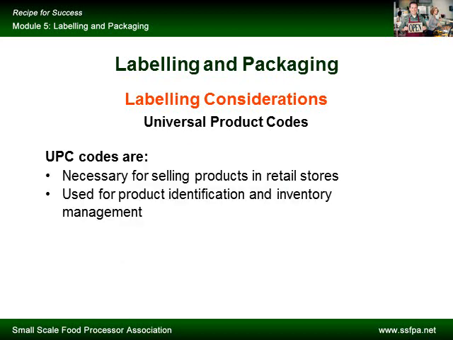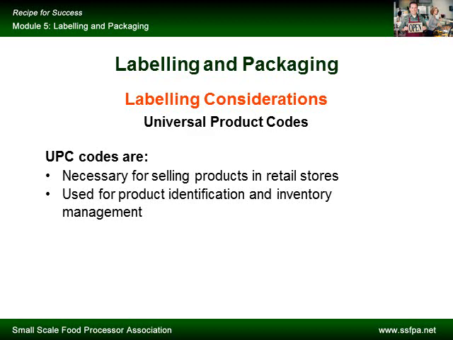Another important factor in developing a compliant package for your product are Universal Product Codes, or UPC codes, which are used for product identification and retail inventory management. Most retailers will require a UPC code to electronically identify your package, and they may also require additional UPC codes for your outer shipping boxes and for any master cases.